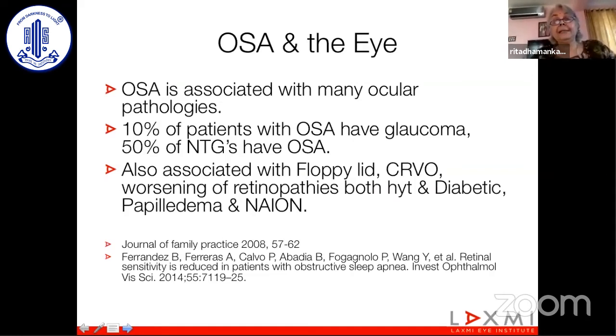Obstructive sleep apnea is associated with many ocular pathologies. 10% of patients with obstructive sleep apnea have glaucoma, and 50% of normal tension glaucomas have OSA. Also associated with floppy lid, CRVO, worsening of retinopathies, both hypertensive and diabetic, may have papilledema and NAION.